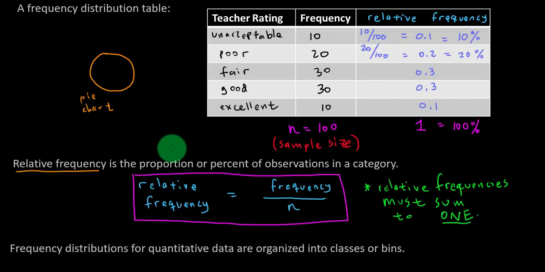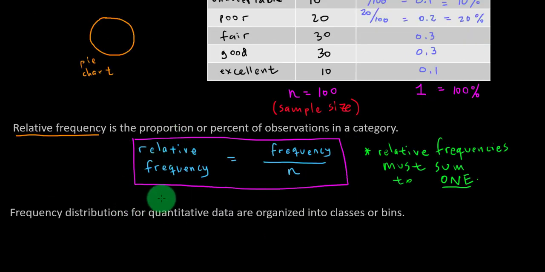We're going to move on now to discuss quantitative data. And how do we organize information from a quantitative variable? It's a little different because recall quantitative variables are measured or counted.